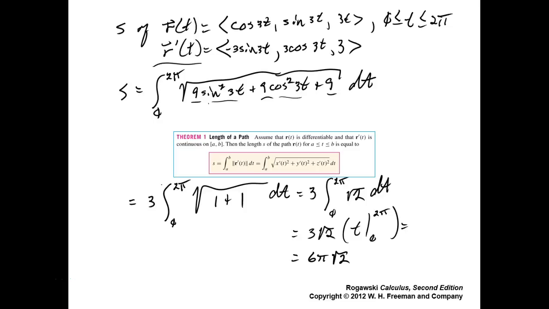Okay, now speed by definition, that was, by the way, arc length. Speed by definition is the rate of change of the distance traveled with respect to the time. Okay? The rate of change of distance traveled with respect to time. Now, notice what they have in there. Distance traveled.